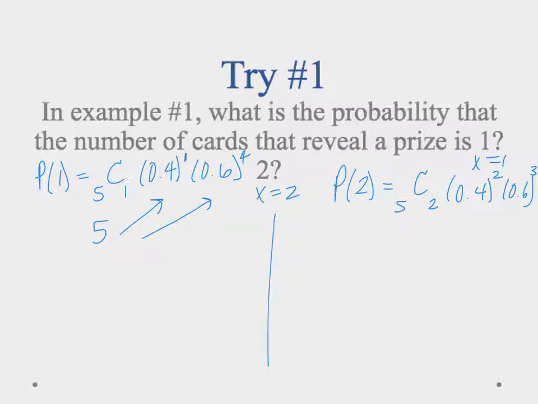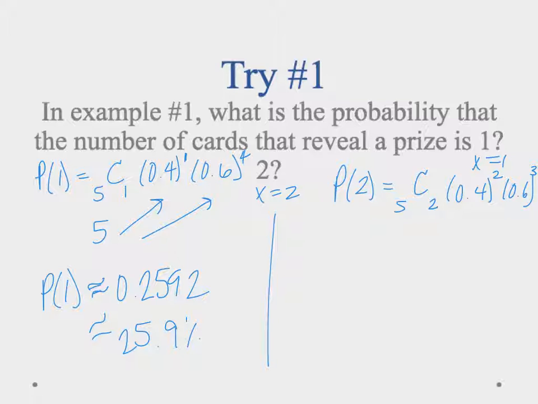And in this case, the probability of getting exactly 1 to reveal a prize is 0.2592, which as a percentage is about 25.9%.